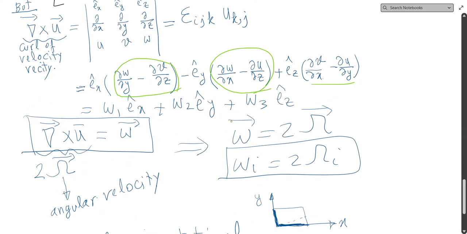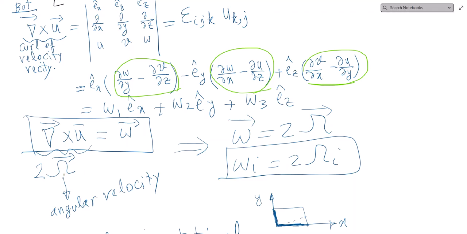Okay, so if I call the elements of this vector, which is the curl of u, omega, and then I call the curl of u 2 omega, therefore you can say this is 1 over 2 of omega, and then bring the 2 here.